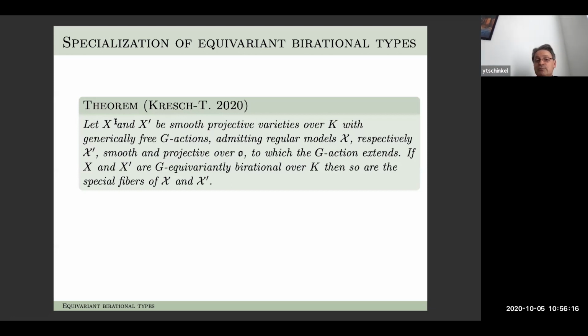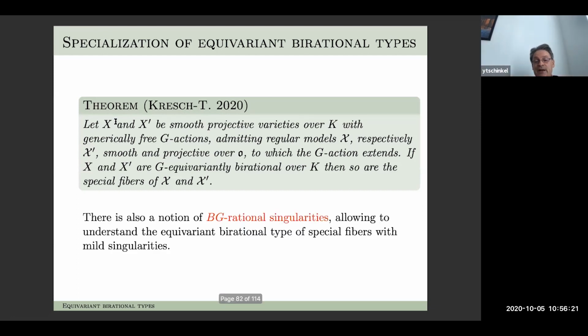This, of course, is the simplest statement where you have a smooth family, but interesting applications come from allowing mild singularities, and we also introduce a notion of what we call BG rational singularities that allow us to understand the equivariant birational types of special fibers with mild singularities. And in particular, you might extract more information about the general fiber by finding new obstructions to equivariant birationality in the special fiber.